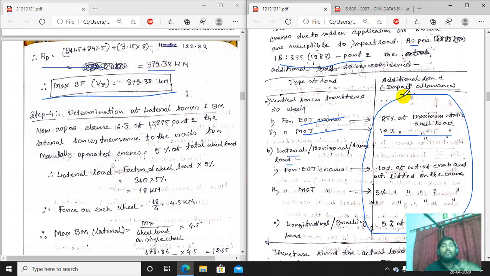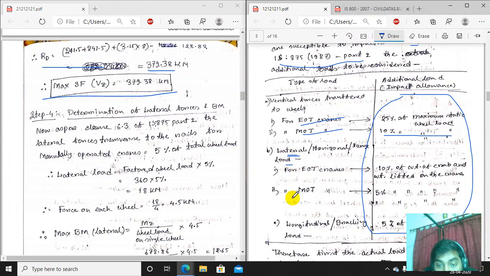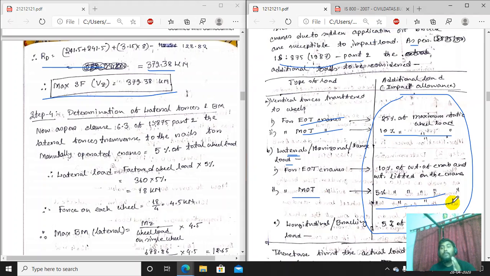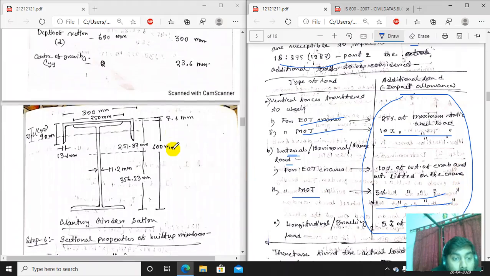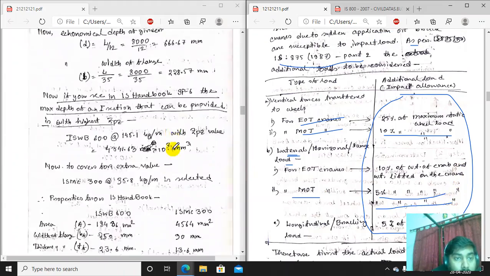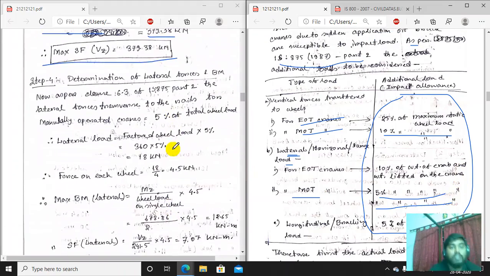For the lateral load on a mechanically operated crane, 5% of the weight of the crab and the weight lifted on the crane, that means 5% of the wheel load, we have to consider. So let us come out with that, 5% of the total wheel load.